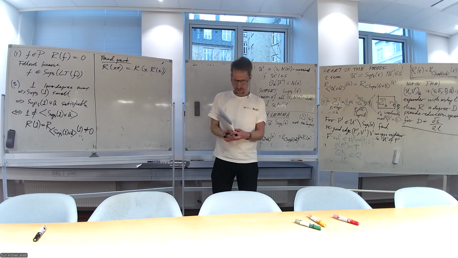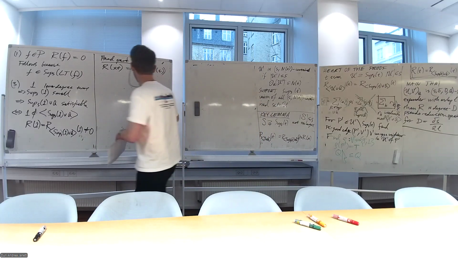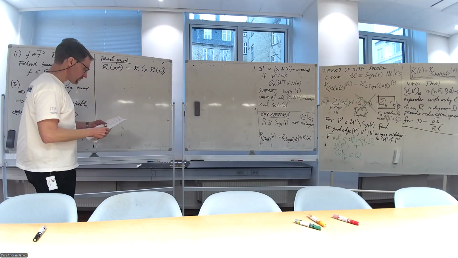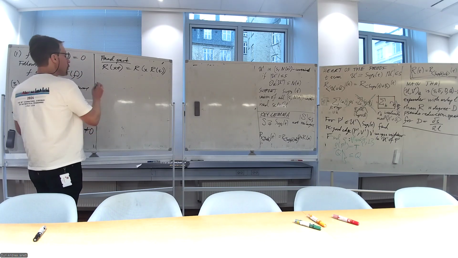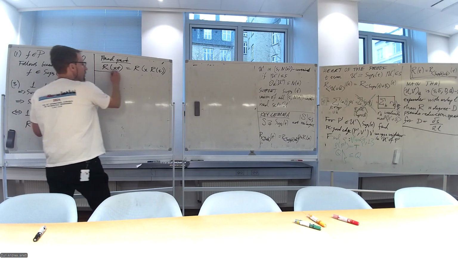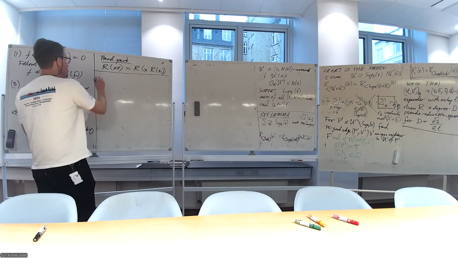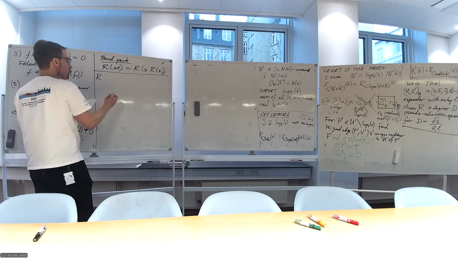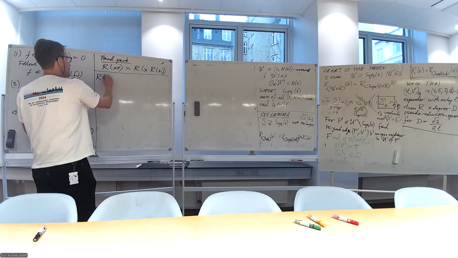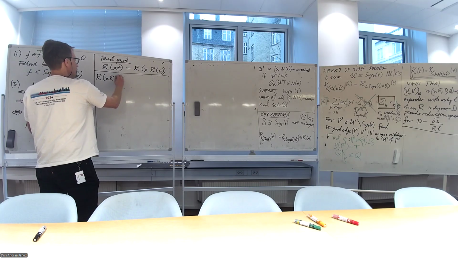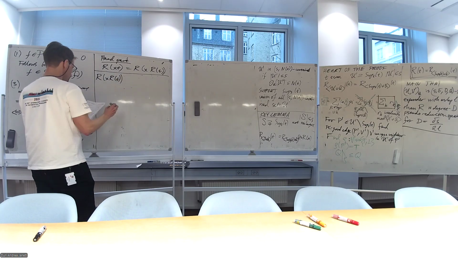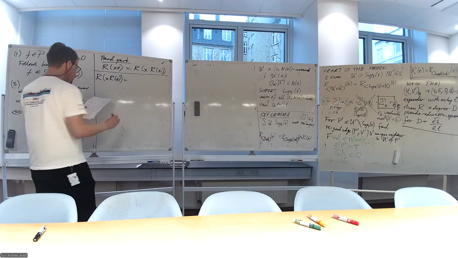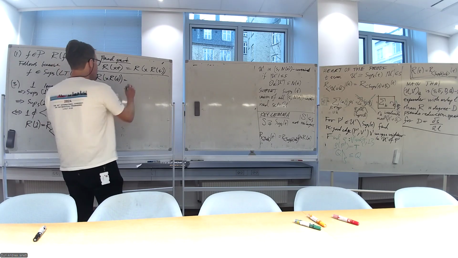So let's think about it. Let's just see how we would prove this. Okay, so this is what I need to prove. Let me start by working on the right-hand side. This is just by expanding out.